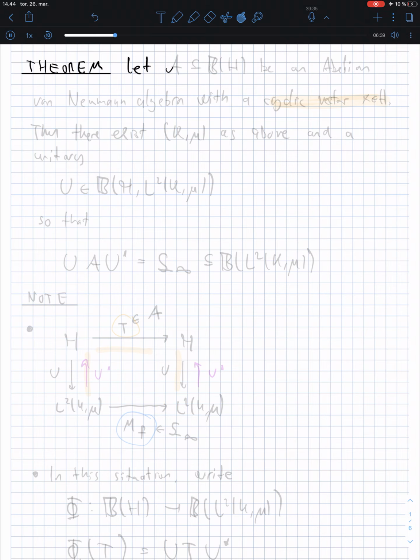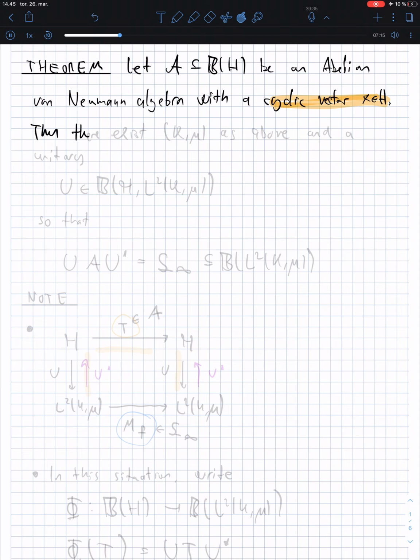So let A in B of H be an abelian von Neumann algebra with a cyclic vector x in H. So this is a non-trivial assumption that we will talk about removing later.